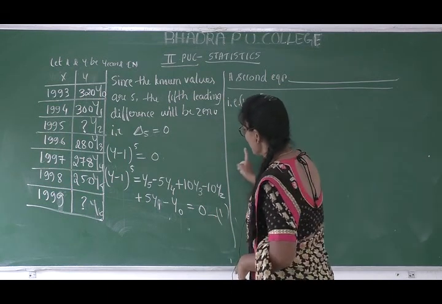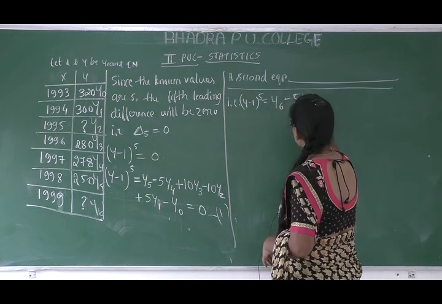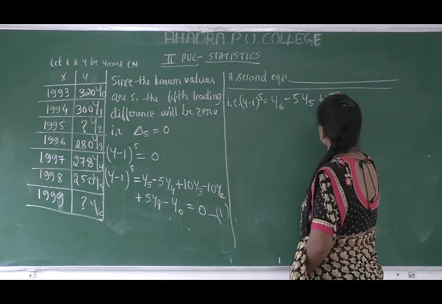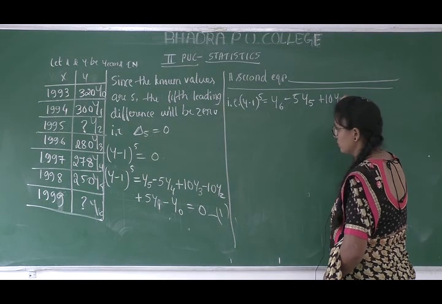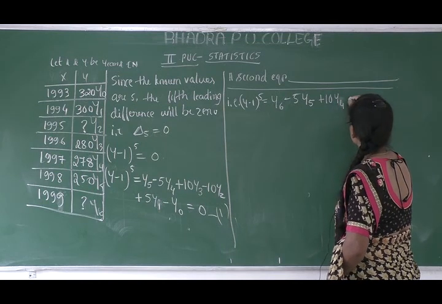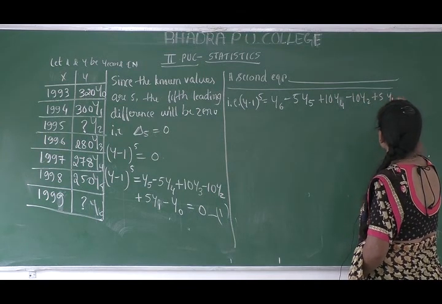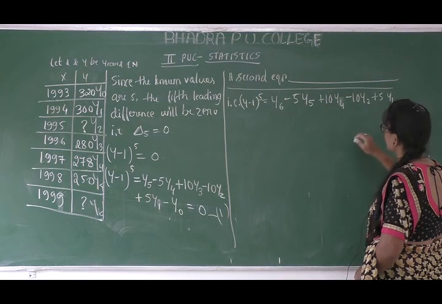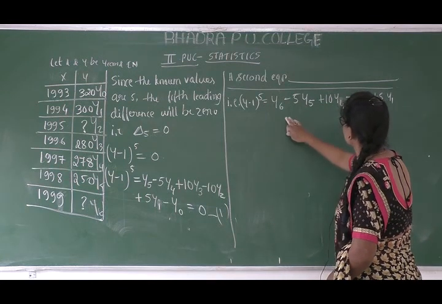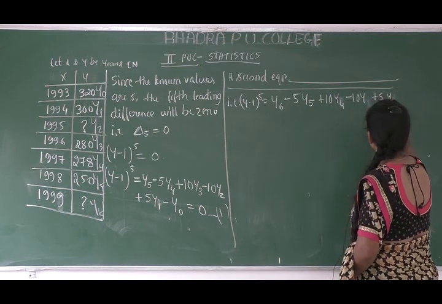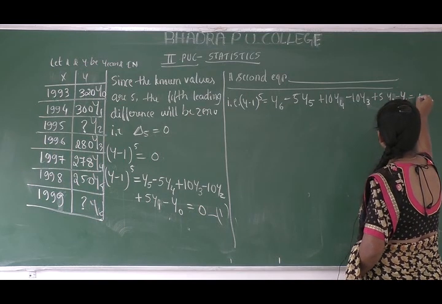For this equation, find the second equation: y6 minus 5y5 plus 10y4 minus 10y3 plus 5y2 minus y1 is equal to 0.